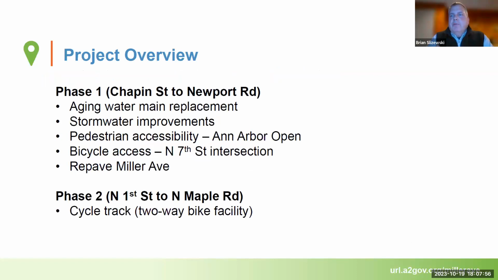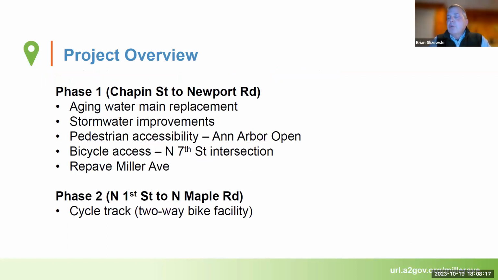So what the project involves, I'm sorry, this gets a little complicated. It may sound a little complicated on the face, but we're going to try to talk through it. Again, phase one, looking at Chapin to Newport, water mains are probably about 70 plus years old there.